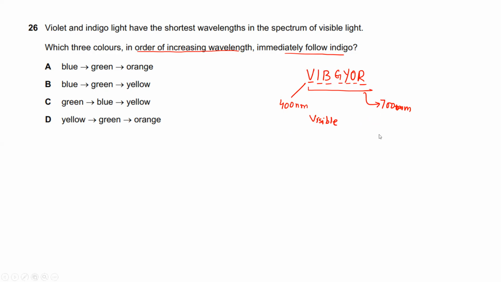So violet, indigo, then comes blue, green, yellow. Blue, green, orange? No. Blue, green, yellow? Yes. Green, blue, yellow? No. Yellow, green, orange? No. So answer B is the right choice we have.